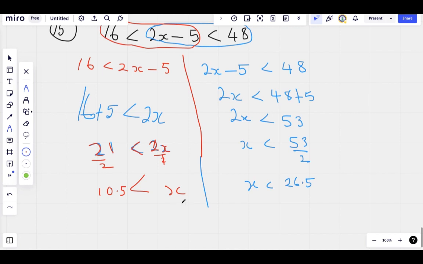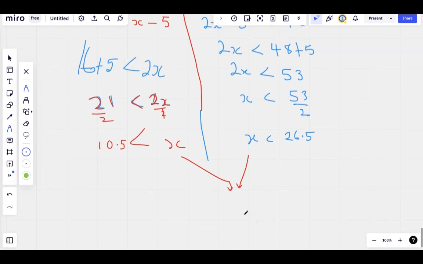So we bring them together. We write x, then to the right, less than 26.5, and on the left side, 10.5.